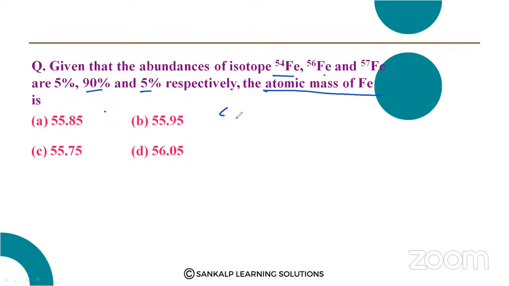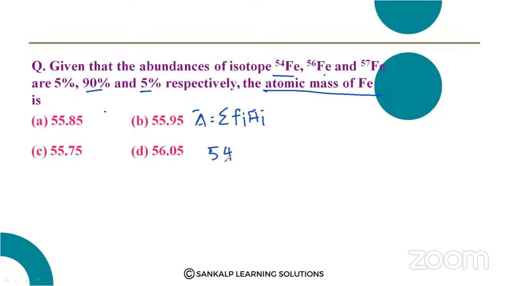So how do you find it? Summation of Fi into Ai. This is the formula to find the average atomic mass. So abundance into its atomic mass.